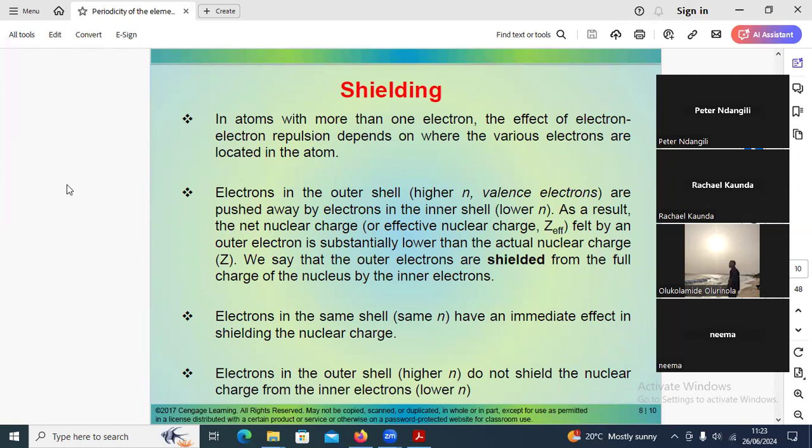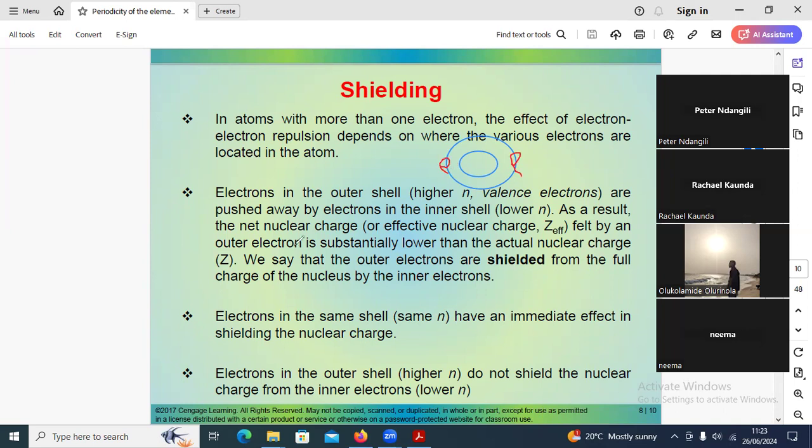And if I can illustrate that, now you have that one as the nucleus, and then around the nucleus you have, for example, the first energy level. That first energy level will have an electron here, and you have another electron here.